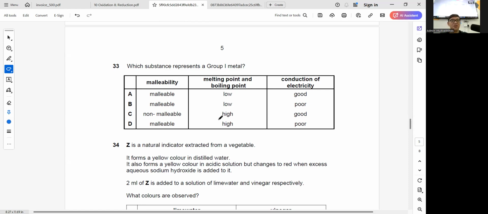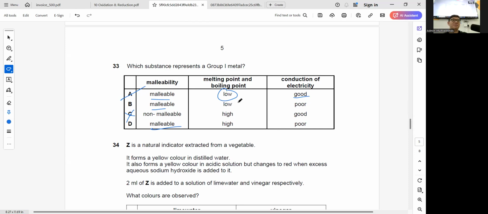So it's A, B, or D. C is not. Can metals conduct electricity? Yes. So you're only left with A.